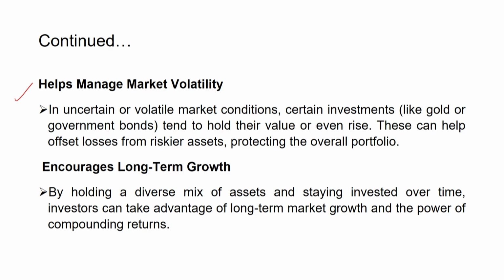The risk of price fluctuations can be controlled with the help of portfolio diversification. So, in uncertain or volatile market conditions, certain investments such as gold or government bonds may tend to hold their value or even rise in case of downturns of the economy. This will help to offset the losses from the riskier assets and give us an opportunity to gain enhanced profit in the market, protecting our overall portfolio in the investment.